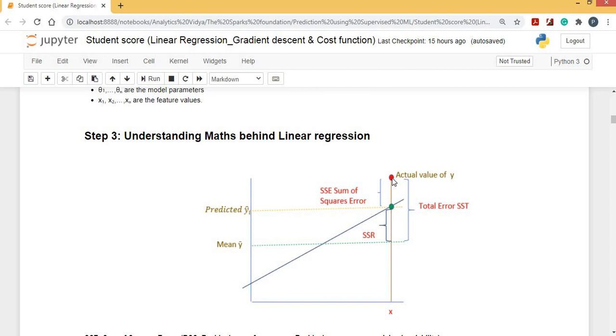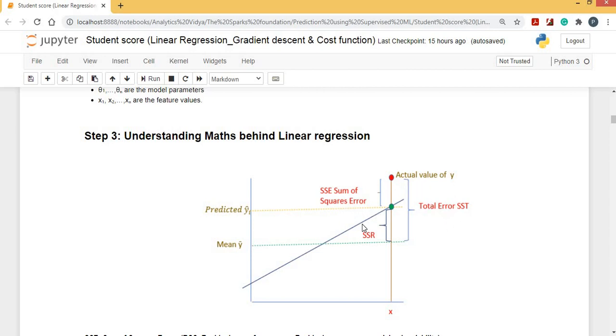This can be, let's say, an explained error, while the distance from the predicted y to the actual y is called SSE. This is the unexplained error, and the sum of both the errors is called SST.